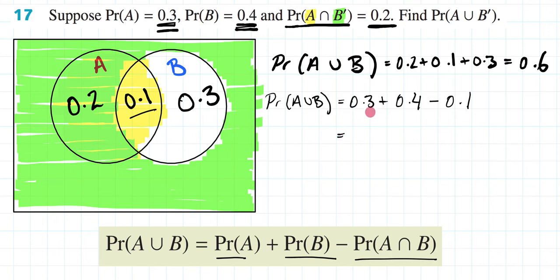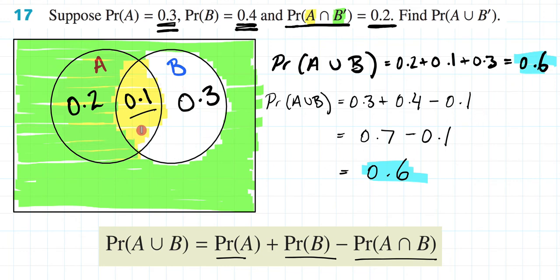So 0.3 plus 0.4 is 0.7, minus 0.1 is 0.6. And as you can see, I have 0.6 and 0.6, so it checks out.